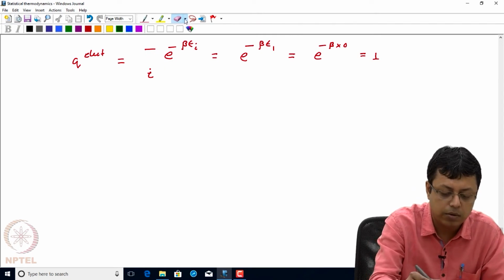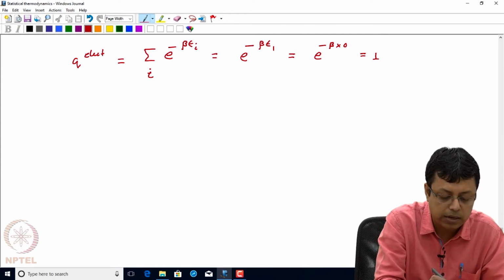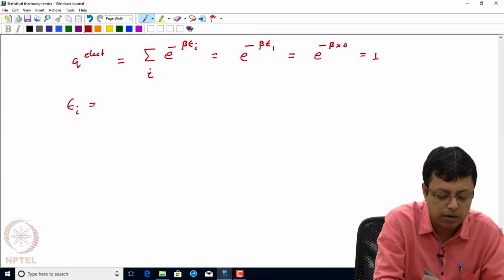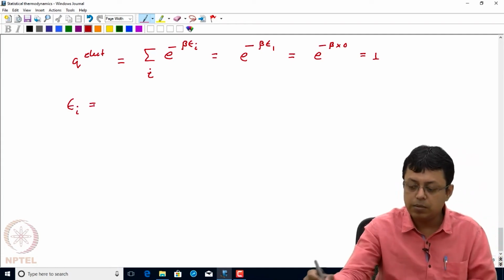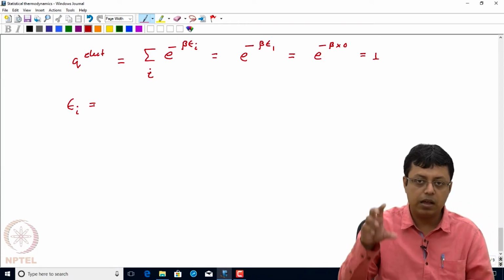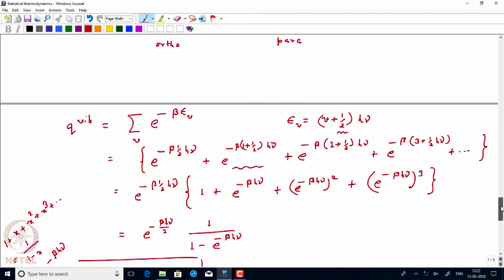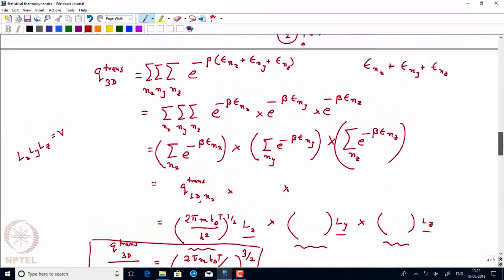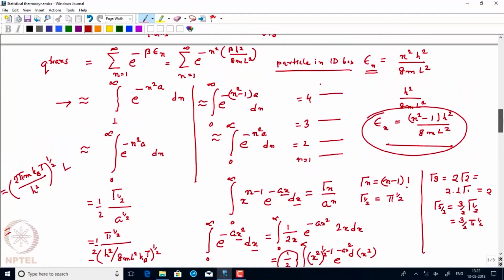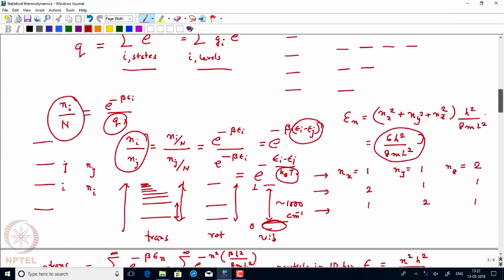So what we just learned is, what will be the total energy of the molecule? As we talked about in the translational case, we gave you a particular example: if we have a total energy something like 6 h square by 8 m l square, that's the energy level.